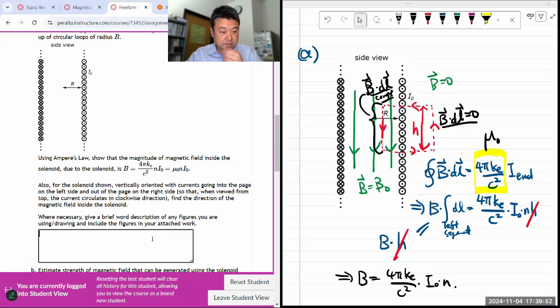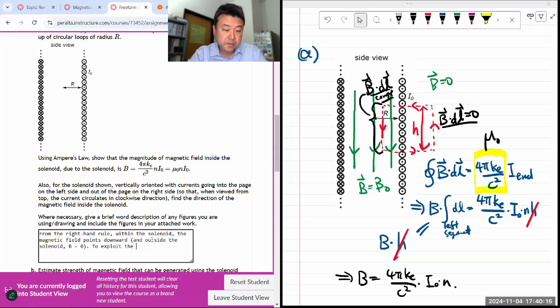So let me sketch it out briefly. From the right-hand rule, within the solenoid, the magnetic field points downward. And outside the solenoid, B is equal to 0.